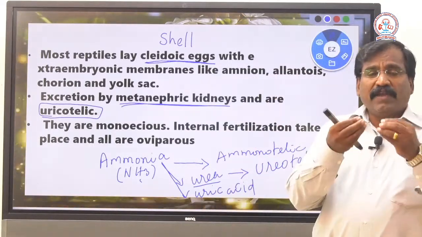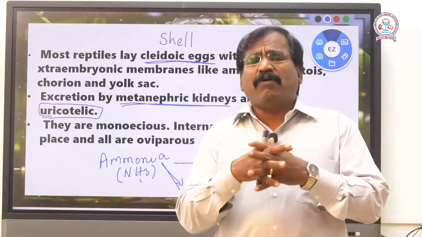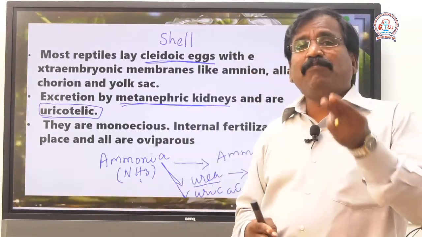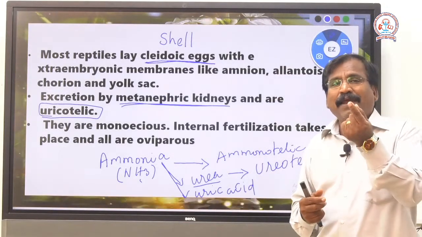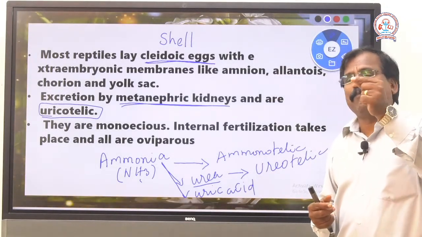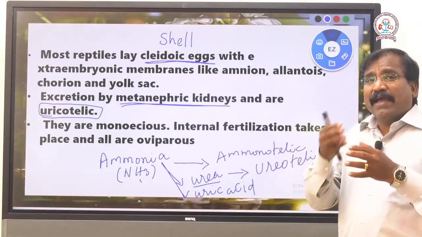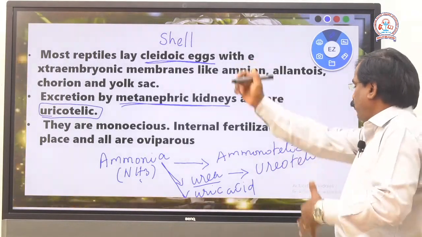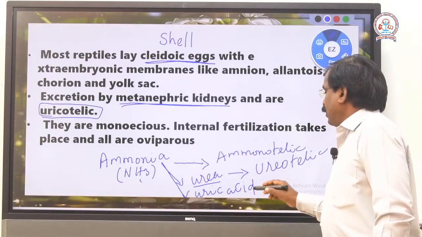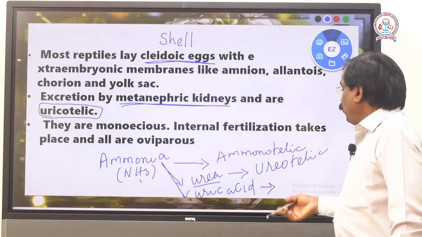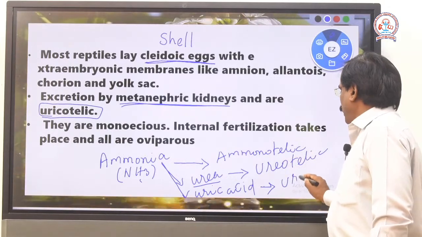It needs very little amount of water to excrete. It can be excreted in the form of pellets. What is a pellet? In lizards, you see a black pellet, highly concentrated or semi-solid form, they release uric acid. That is uricotelism.